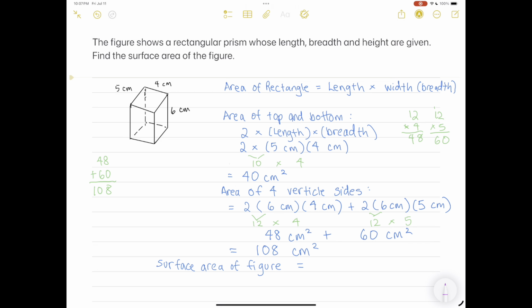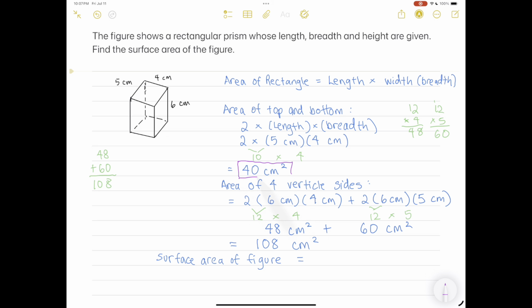So the final calculation would be 40 centimeters square plus 108 centimeters square. And I write that on the line below. I do that calculation on the side. 108 plus 40 equals 148.